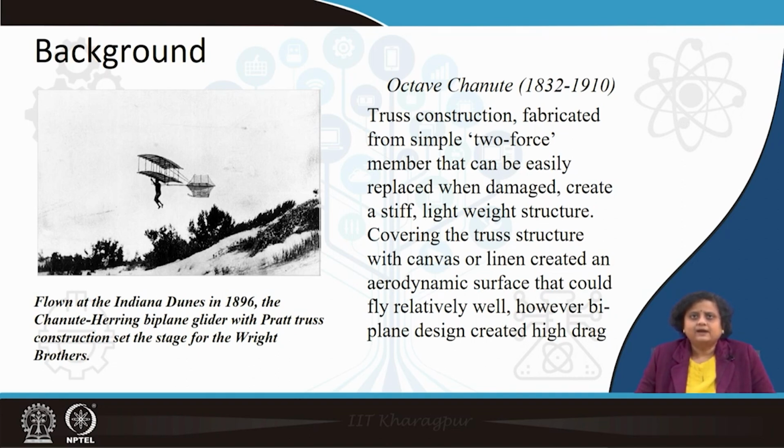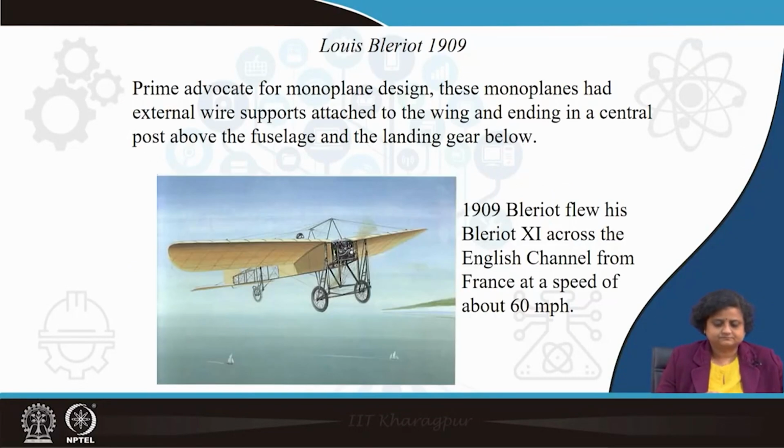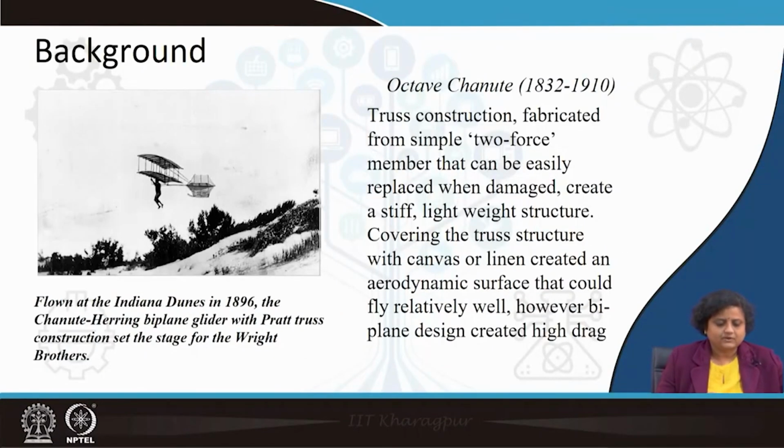So, Chanute used a truss structure, a wooden truss structure, and he developed this glider that is seen in this picture. In this glider, we can see that a truss construction has been used.